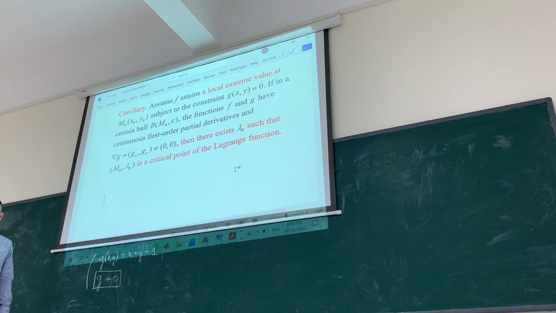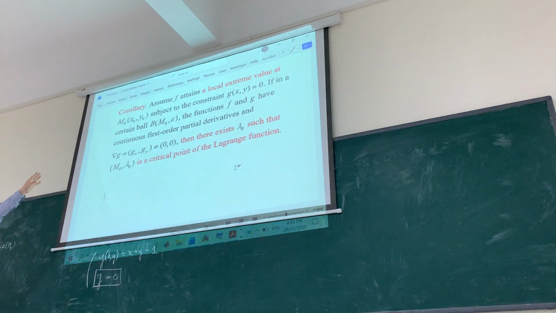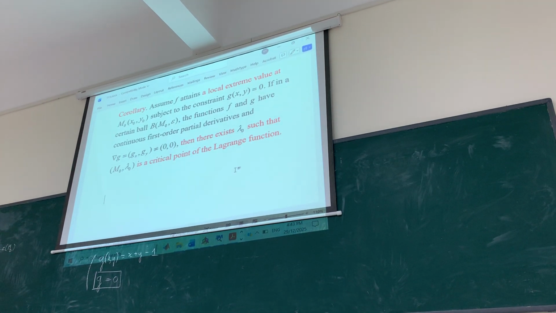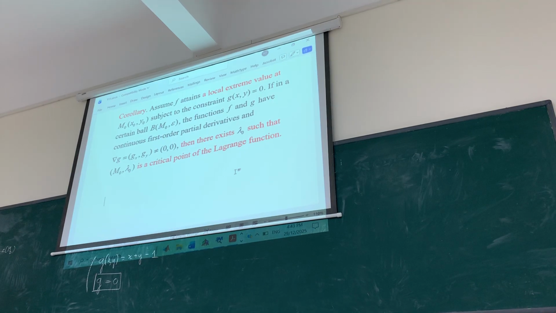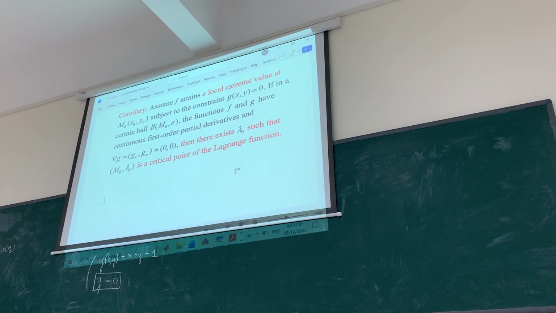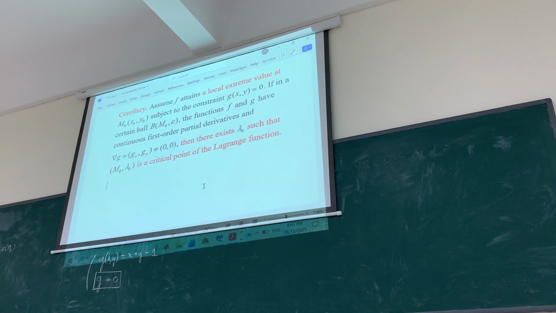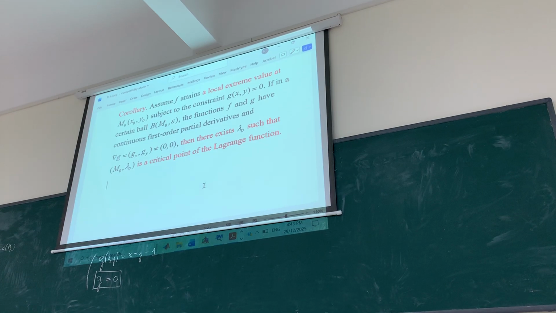Okay, I think you can write out the corollary here. You understand how to use the Lagrange function to find constraint extrema. We have two steps.